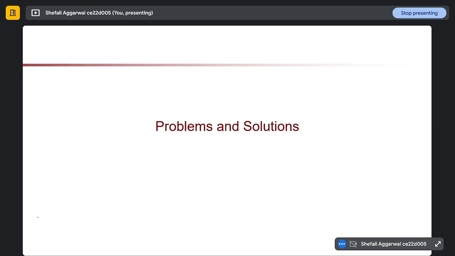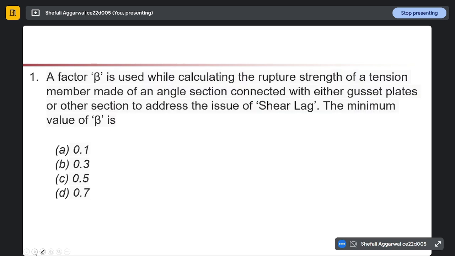Okay. So the first question is, a factor beta is used while calculating the rupture strength of a tension member made of an angle section connected with either a gusset plate or other section to address the issue of shear lag. The minimum value of beta is 0.1, 0.3, 0.5 or 0.7.